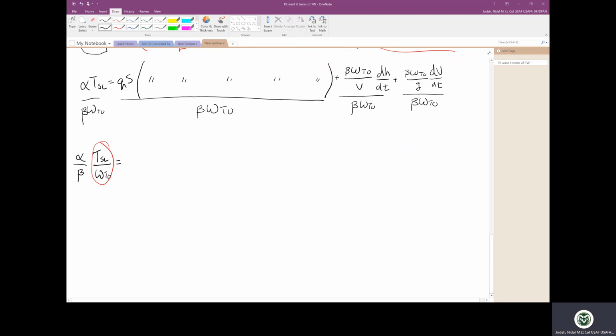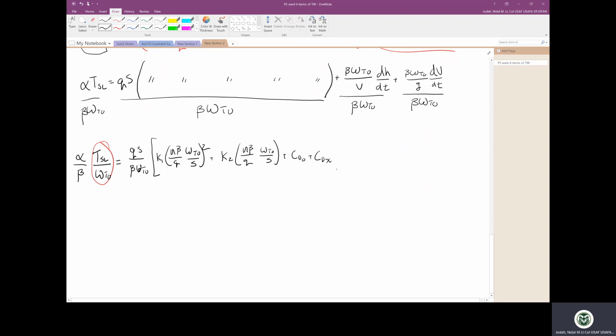Equals qS over beta weight at takeoff times K1 n beta over q weight takeoff over S squared plus K2 n beta over q weight takeoff over S plus C_D0 plus C_DX.